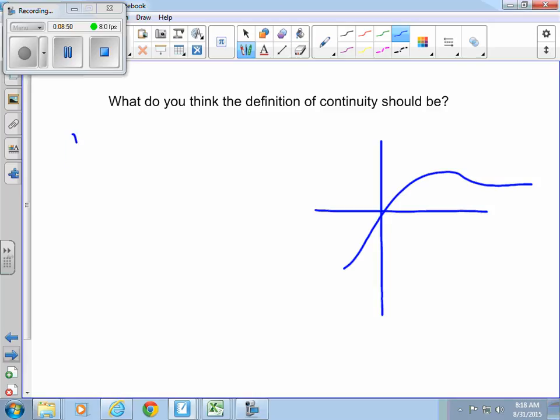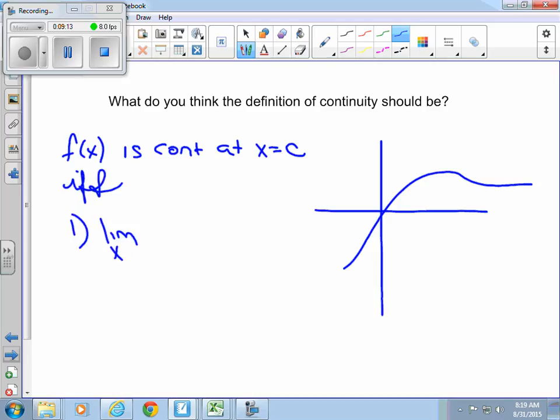So f of x is continuous at c if and only if, that's the notation for if and only if, the limit exists, is what you said. Absolutely right. The limit must exist for a function to be continuous at a point.